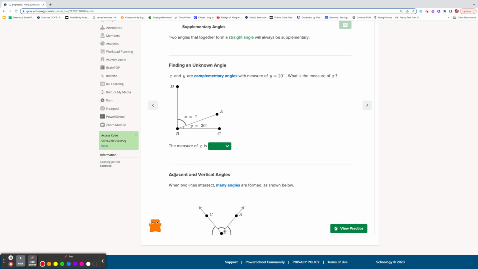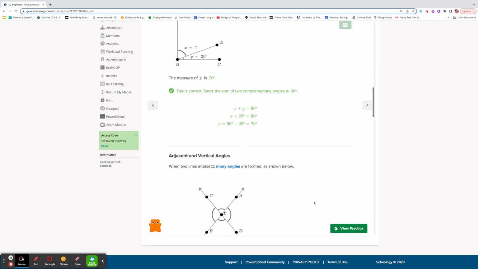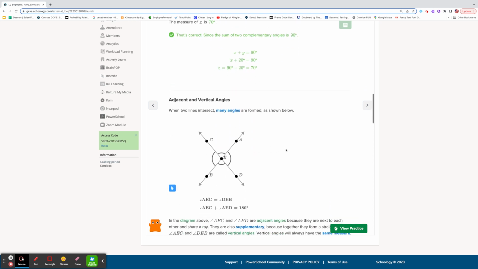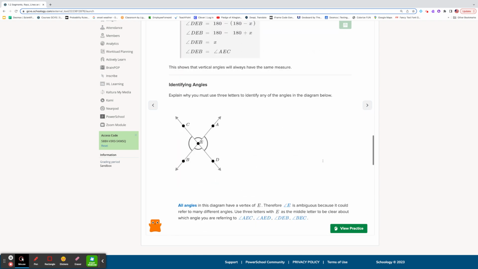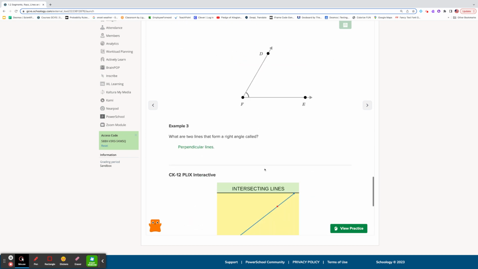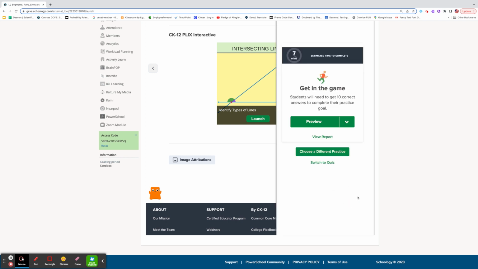We're going to pick 70 degrees, and it gives us feedback why we are correct. We learn about adjacent angles and vertical angles, supplementary angles, and we scroll and keep reading, refreshing our memory on the things that are important. Then we get to the place where it says view practice, and we click there.